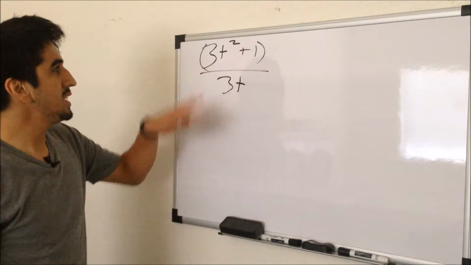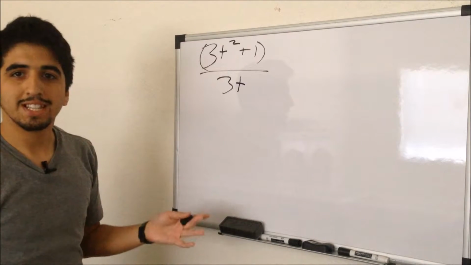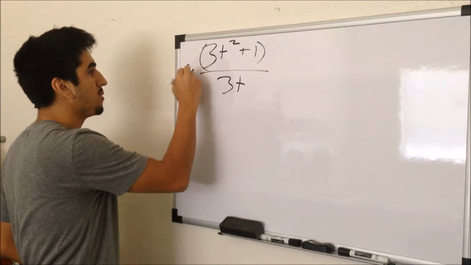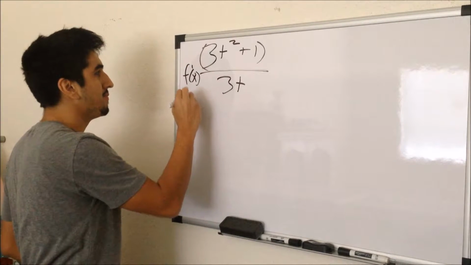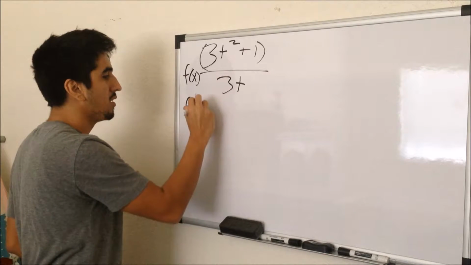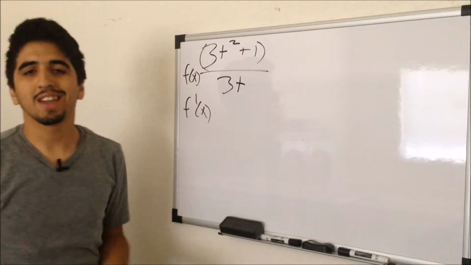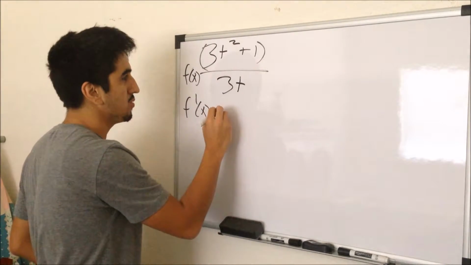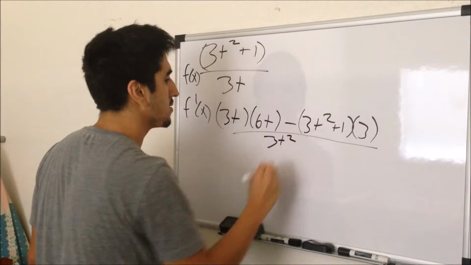So we have 3t squared plus 1 over 3t. Now this is f of x, and we're going to find the derivative. Now, once you get up to calculus, this is just a quick calculus problem. We'll just do it.